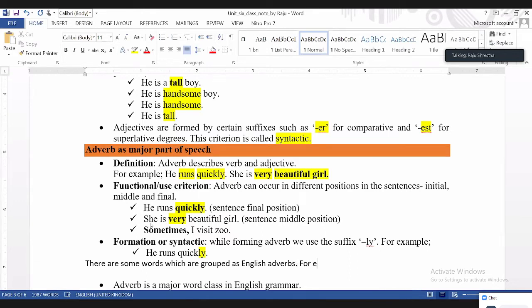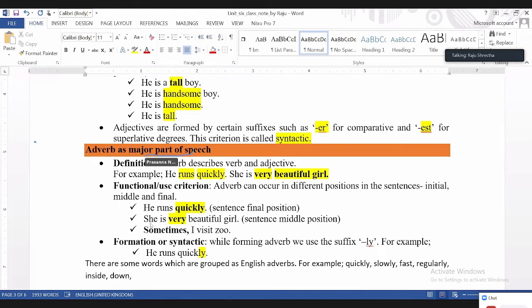For example, quickly, slowly, fast, regularly, inside, down, very.